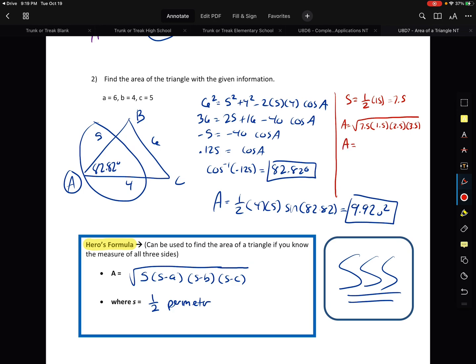So if we type that whole thing into our calculator, the square root of 7.5 times 1.5 times 2.5 times 3.5, what do I get? The exact same answer. So it doesn't matter which formula you use, you're going to get the exact same answer either way.